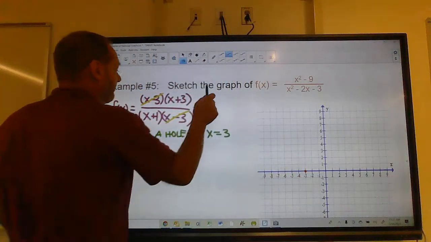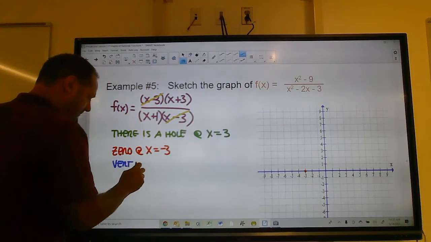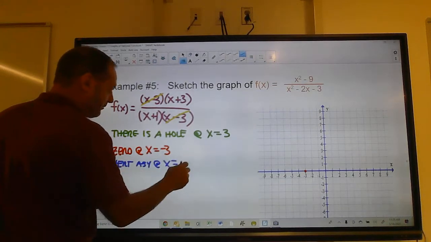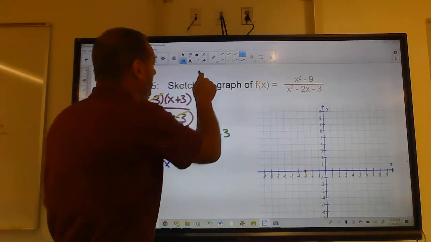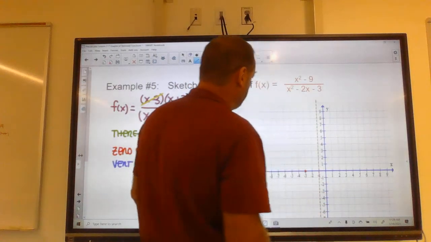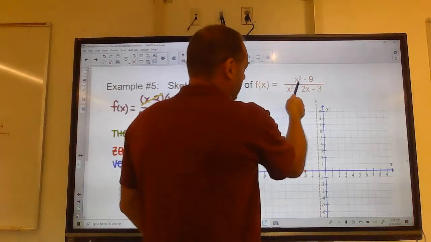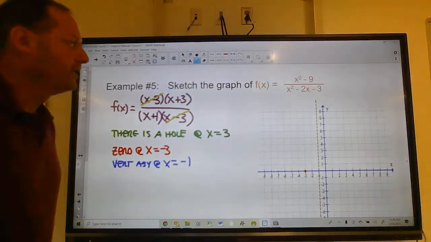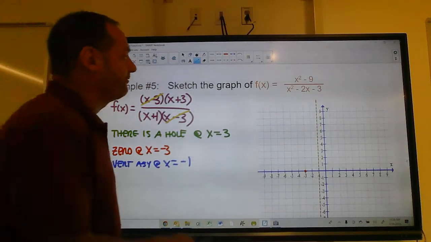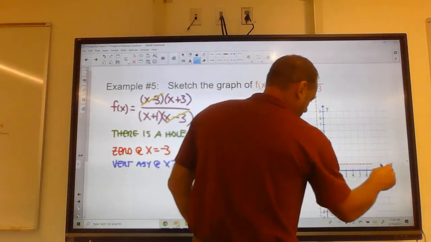It's going to have a vertical asymptote at x equals -1 from this, so I can go put that on the graph. I can see that this has degree 2 and that has degree 2. So that means there's going to be a horizontal asymptote. And I'm going to take the coefficients, which are 1 and 1, and divide them, which is just 1. So this is going to have a horizontal asymptote of 1.